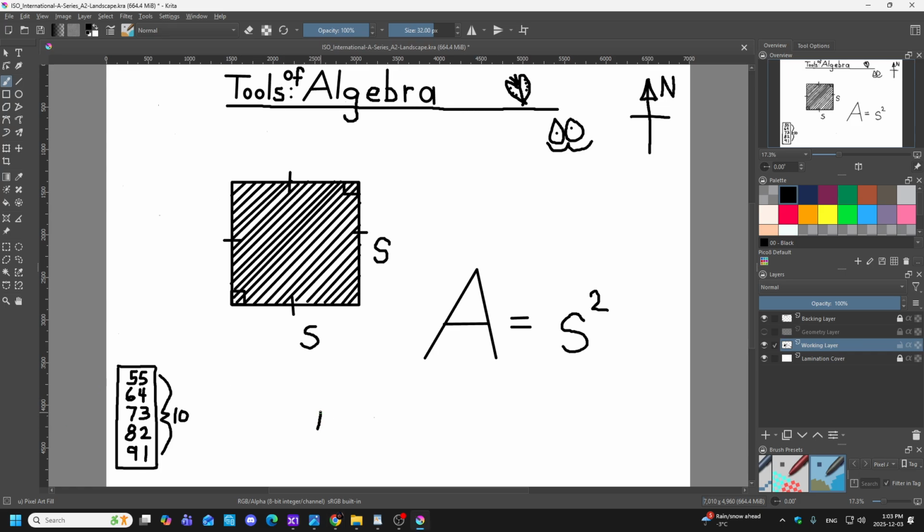Like I said before, S might be, for example, 4 inches. And when you multiply inches times inches, the units are going to be inches squared. Or square meters, right? Sometimes you'll see meters, or maybe even centimeters.